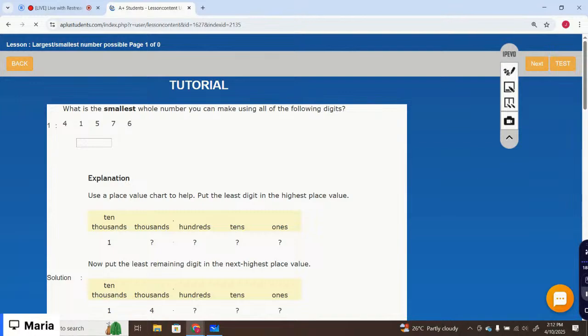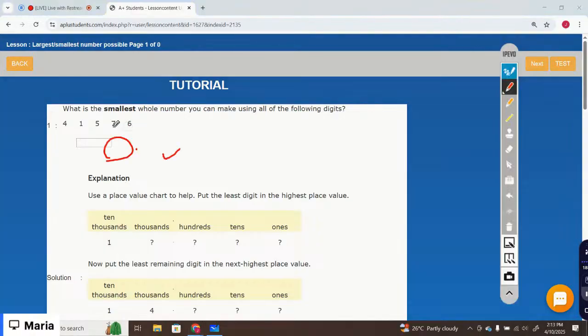Okay, what is the smallest whole number you can make using all the following digits? We are given 1, 2, 3, 4, 5 numbers, right? We need to write down the smallest whole number that we can make with these numbers.